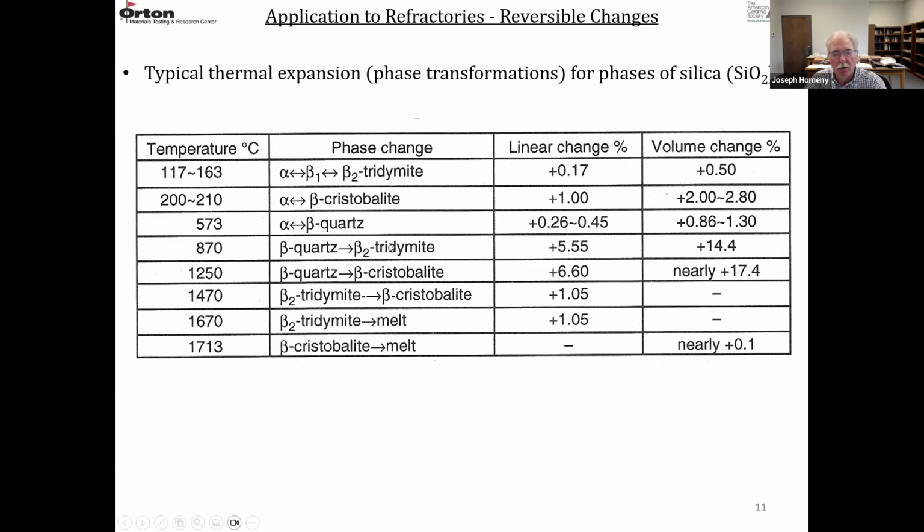And then quartz to tridymite and quartz to cristobalite are the reconstructive transformations, 5 and 6% linear change, and the volume change is much higher, 14 and 17. And there's a change as it reconstructs from tridymite to cristobalite of about 1%. And then when they melt, they both expand. So this table summarizes the transformations for silica.